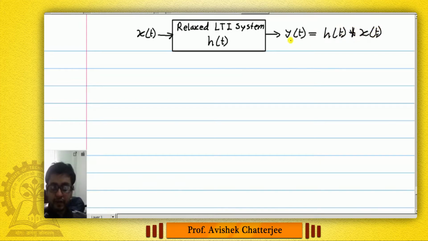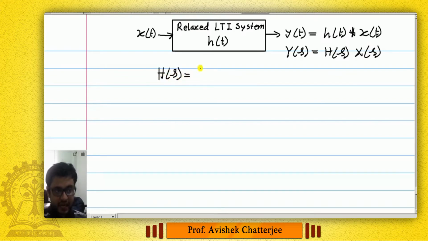Now if you take the Laplace transform of both the sides in this equation, you will get capital Y(s) equal to H(s) multiplied with capital X(s), where capital H(s) is the Laplace transform of the impulse response, which we call the transfer function of the system.